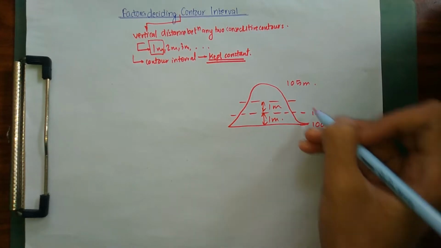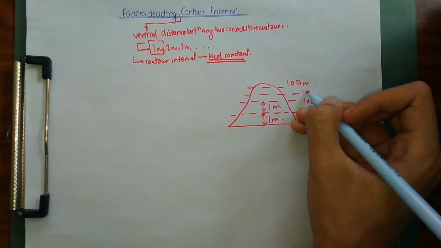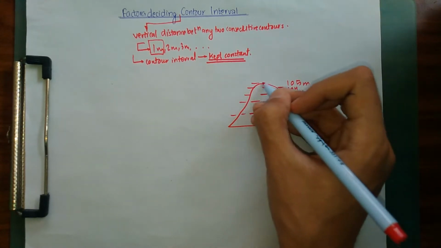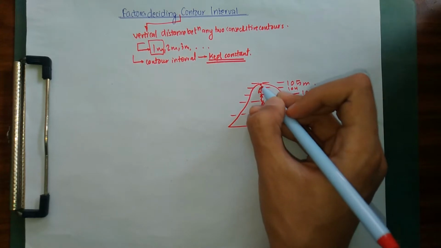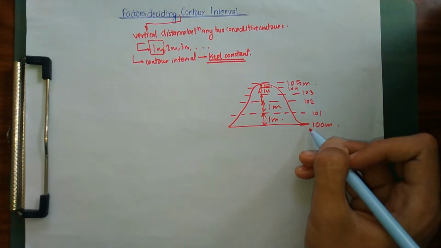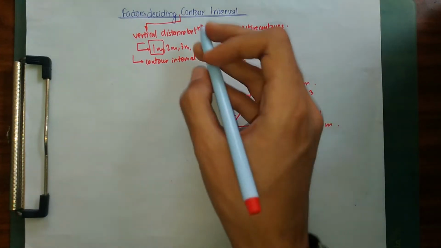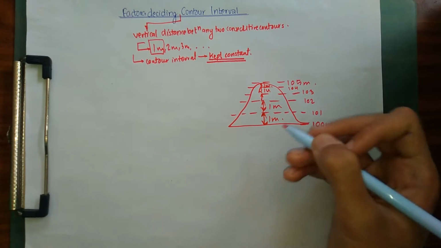I have reached 101, 102, 103, 104, and my top is at 105. At each vertical distance of 1 meter I'm going to draw my contour line. So this is what contour interval refers to: the vertical distance between any two consecutive contours.